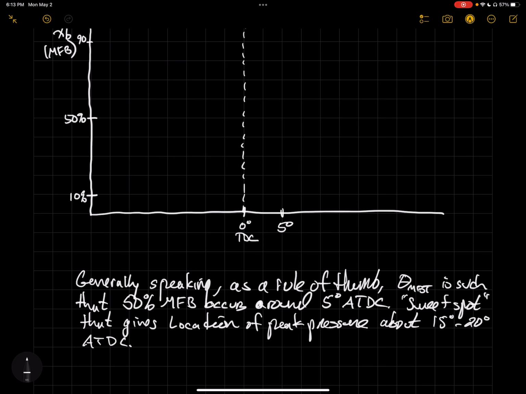In other words, if the location of peak pressure is somewhere between 15 to 20 degrees after top dead center, that's usually around where maximum brake torque occurs.